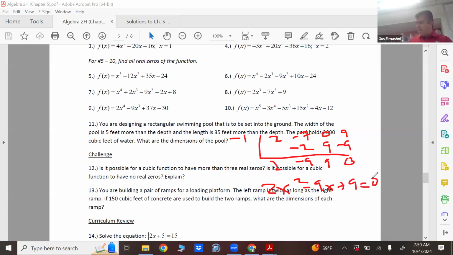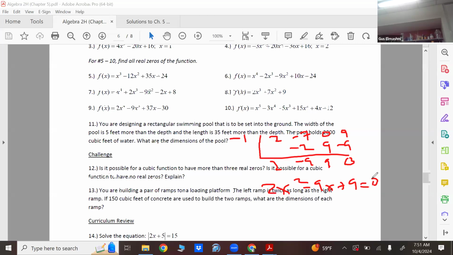Then we want to factor that. Like 2x. Well, yeah, for this, for that... Or you can do quad form too.